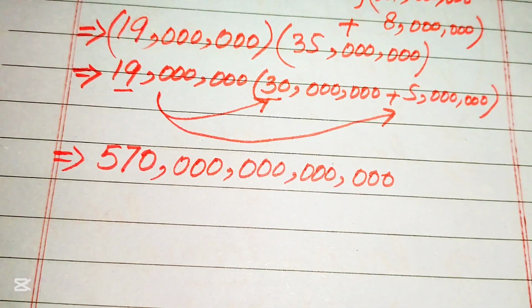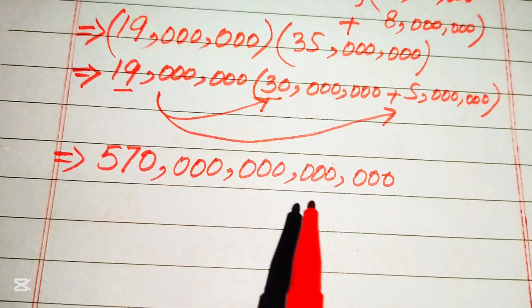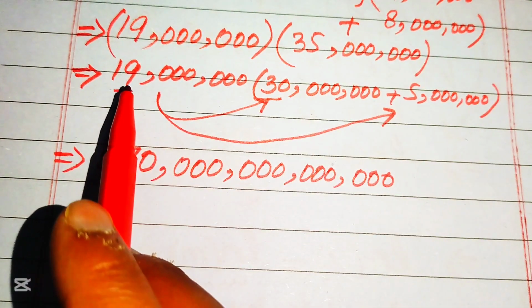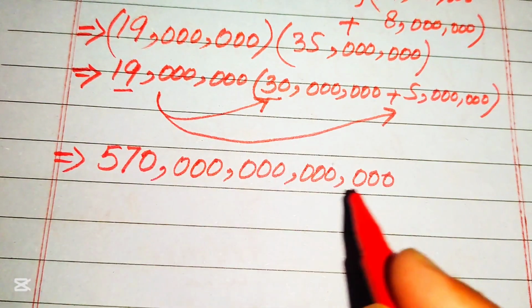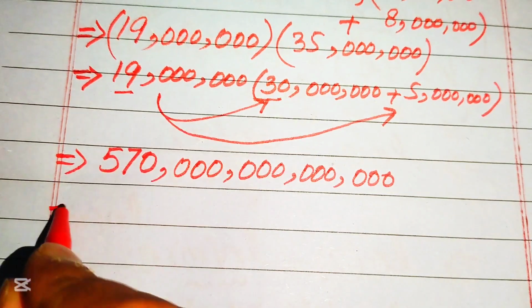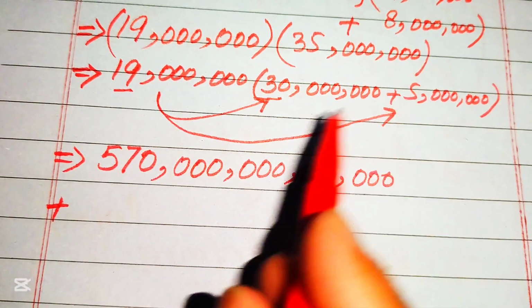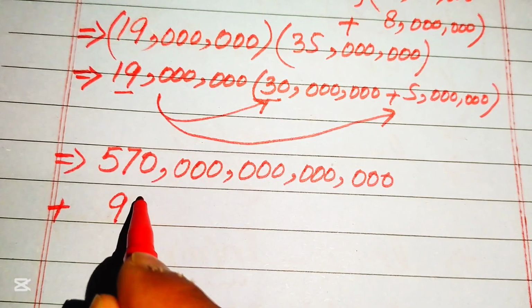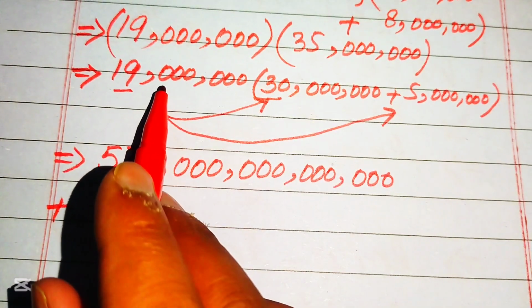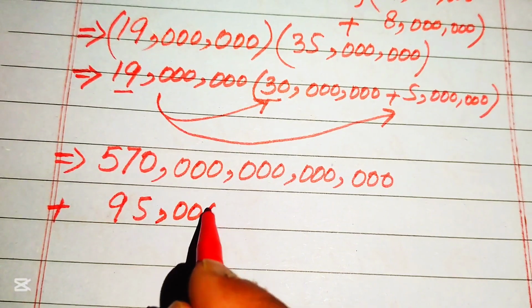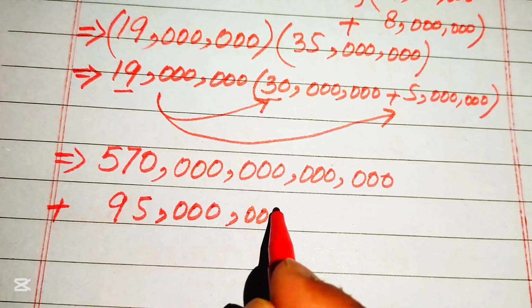This is our 570 trillion. Now multiply 19 million with 5: 19 times 5 equals 95, and multiplying the 6 zeros with the 6 zeros again gives 12 zeros.